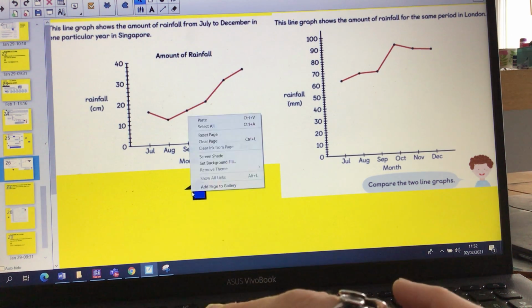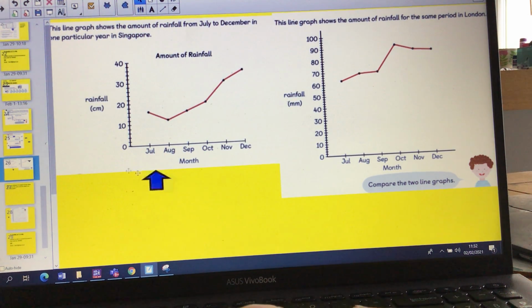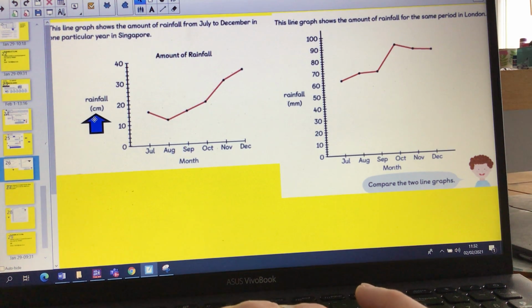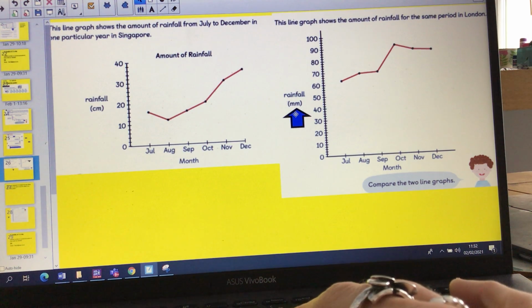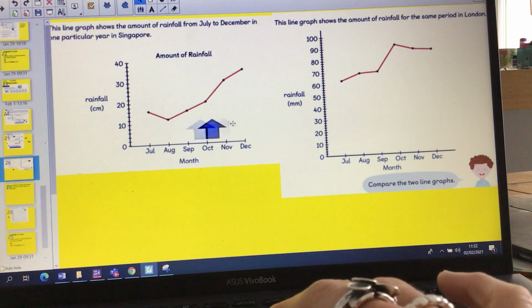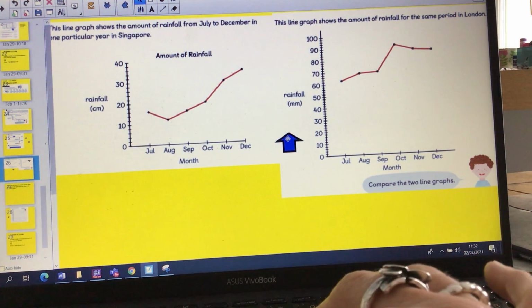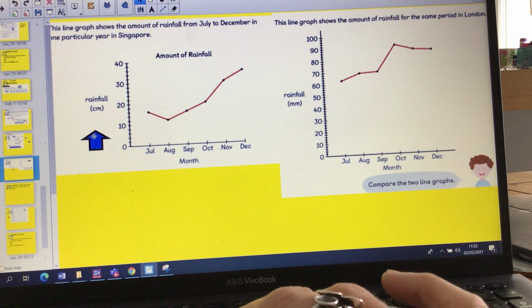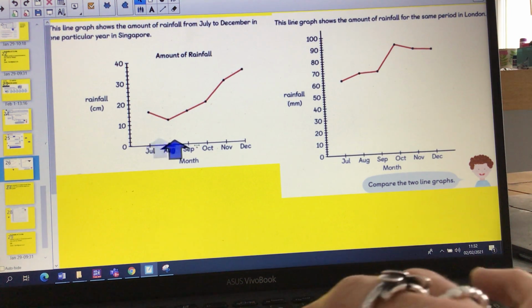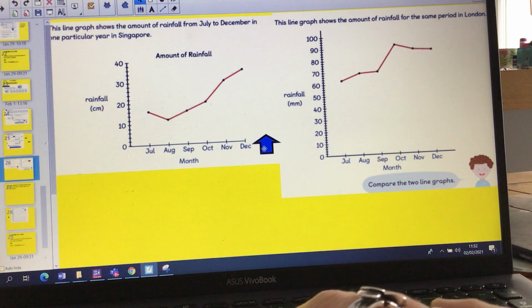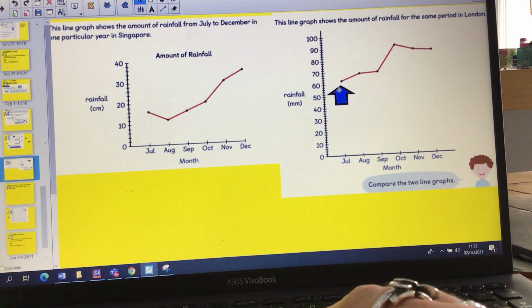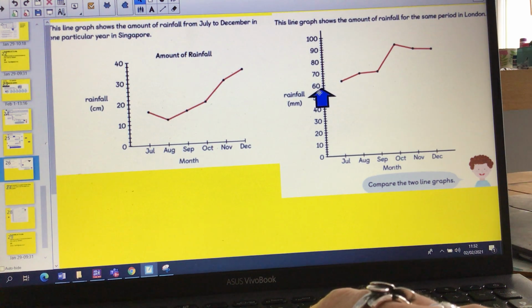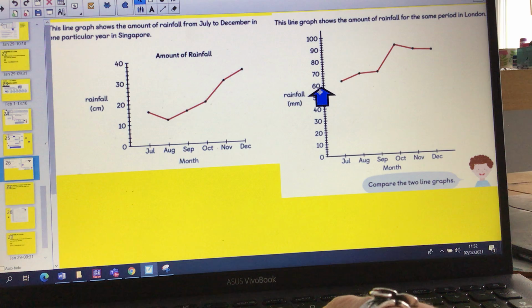You are right. Those of you keen eyes at home, this is in centimetres in this one, and this one is in millimetres. So we haven't got the same scale, and that's difficult to make a comparison when we haven't got the same scale. So for example, here, if I'm at 60, 60 millimetres is the same as how many centimetres?